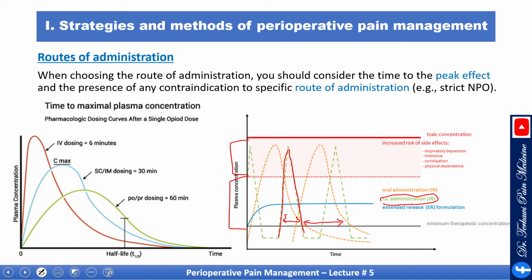Although the oral is slower to reach a therapeutic level, it lasts longer in the system. You get the point. Again, a similar thing here on the left side. You can rapidly reach the therapeutic concentration, but drop down faster in comparison to the oral route.